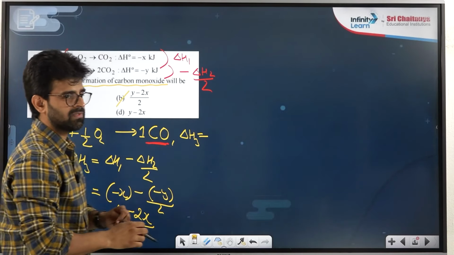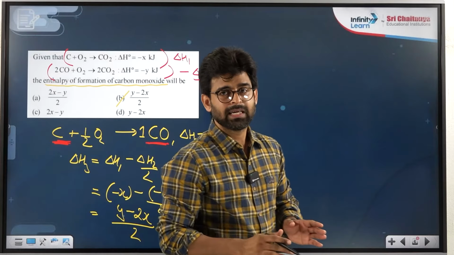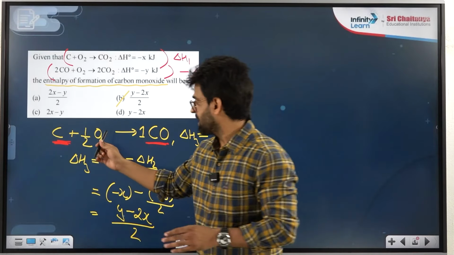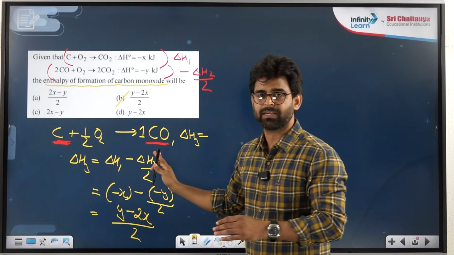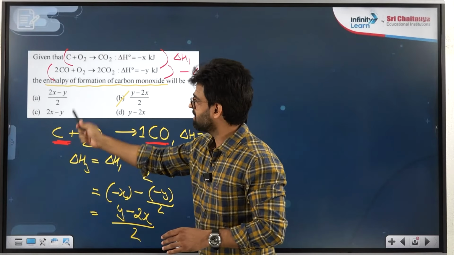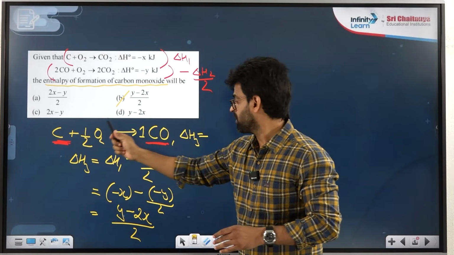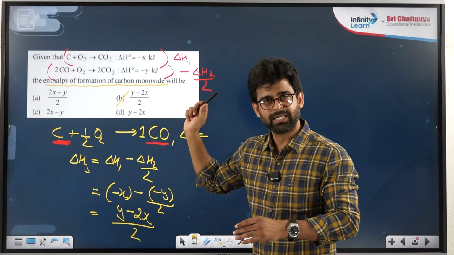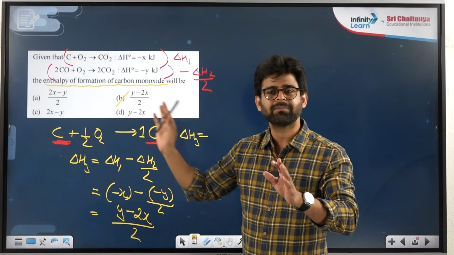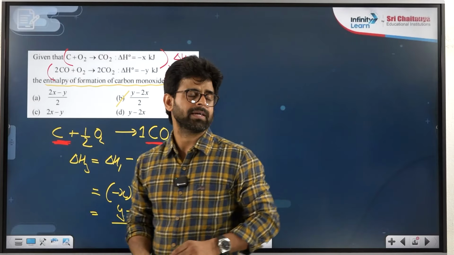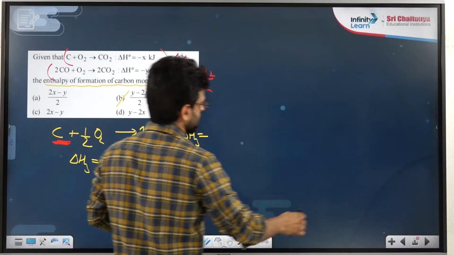Y minus 2X divided by 2. Again that point: O2 is present in both equations, so leave it. Move to the next one. Because of carbon, I used my first equation. Because of CO, I used my second equation. Both equations are used, so this O2 will be balanced by itself. Next thing.